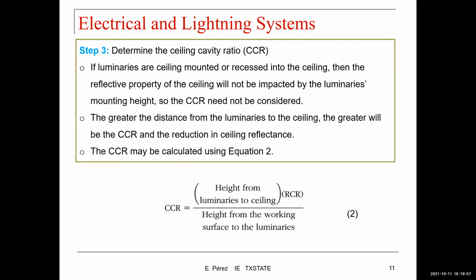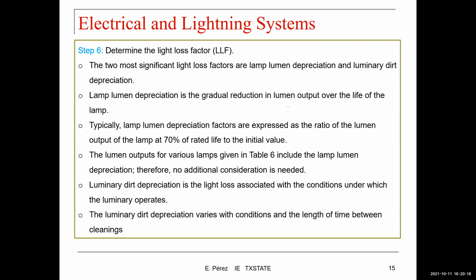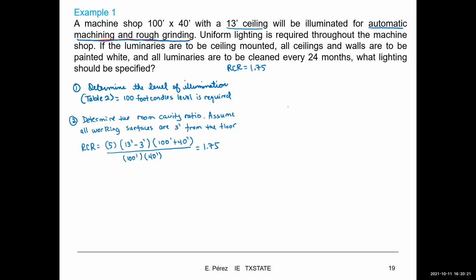As stated here, if the luminaries are ceiling mounted, then the reflective property of the ceiling will not be impacted, so the CCR need not be considered. That's the case for this problem.